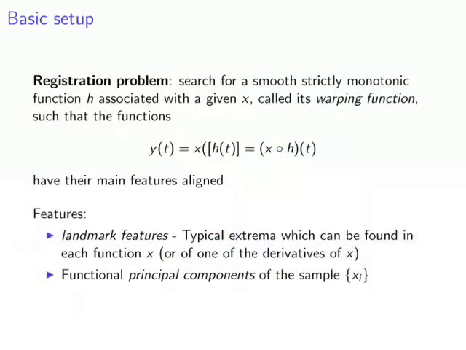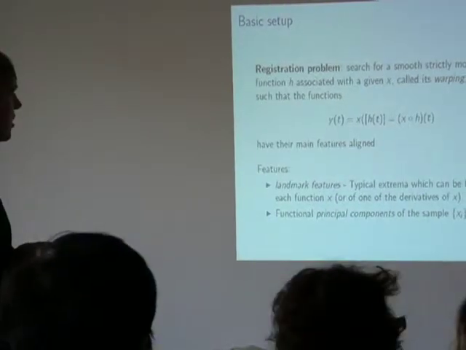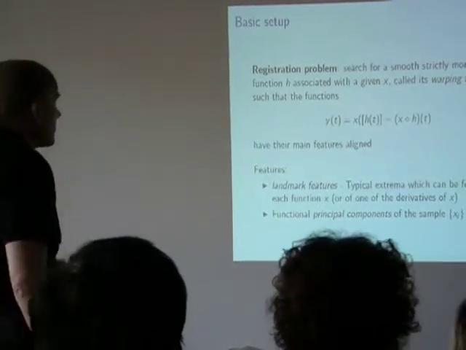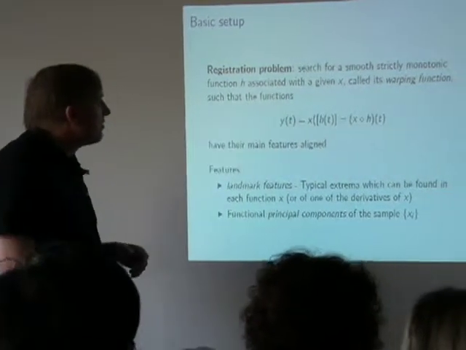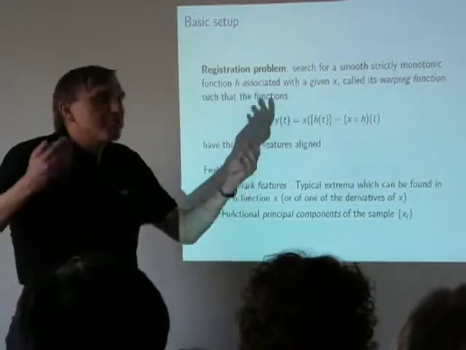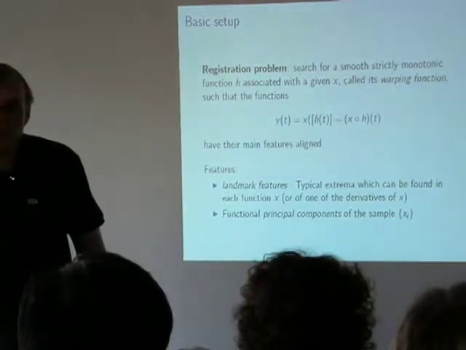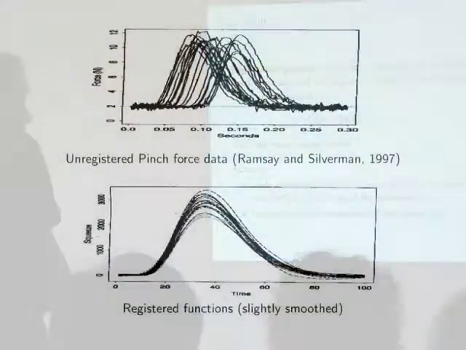Landmark features are features such as peaks and valleys, something you can determine from a curve. Or other approaches, for example, functional principal components, which we consider a more complex type of feature. So you may also say, well, my criterion of success is that after alignment, everything should be nicely described by a few functional principal components.